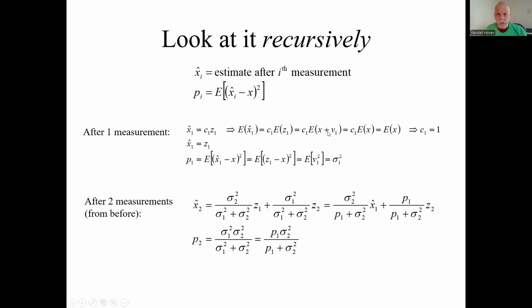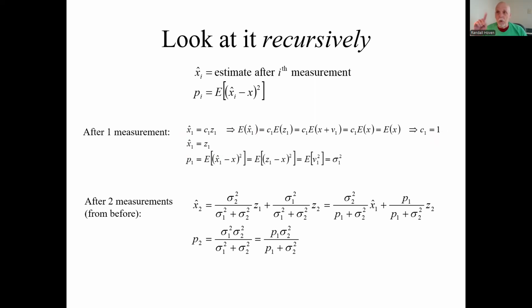And the Z was this, but the expected value of V is zero, so it's just C1 times the expected value of X. And unbiased requires that this expectation equals that expectation, which means this C1 is just 1, which was a long way to get to what you would have thought in the first place.